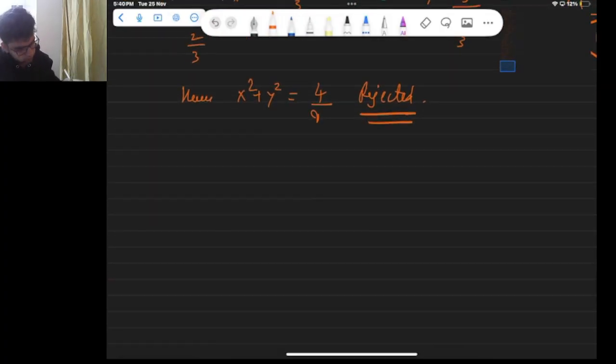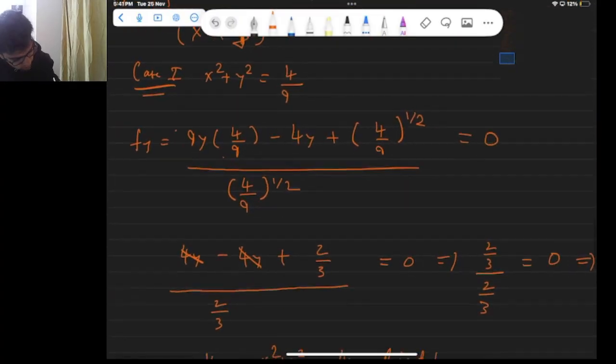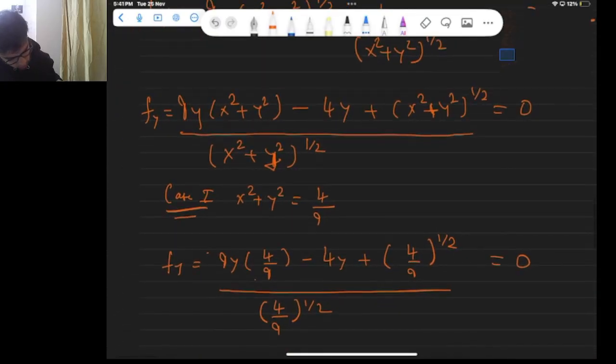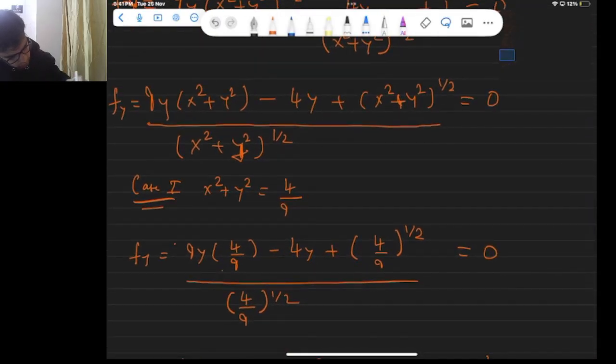Now moving on, our case 2 says that x is equal to 0. So now I'll be putting this here.